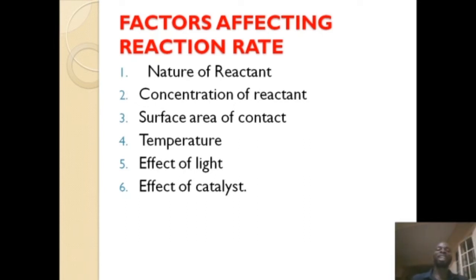So the nature of the reactant also affects the rate of a chemical reaction. If it is a reactant that is very, very reactive, it can make the reaction run very, very fast.